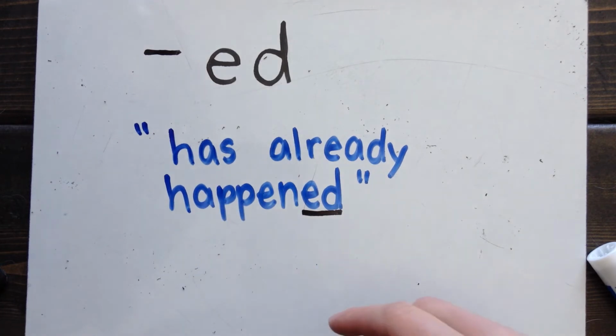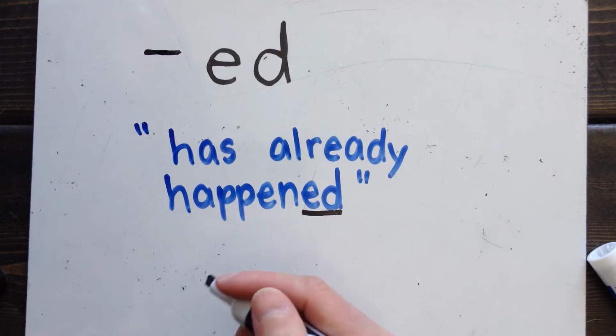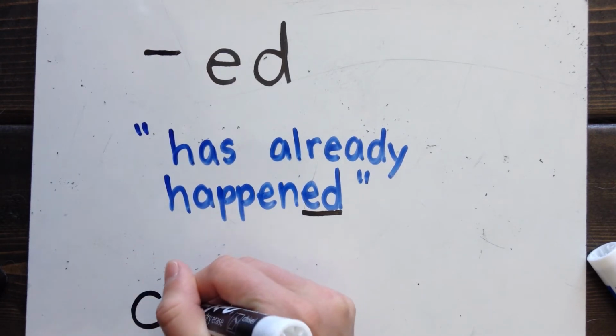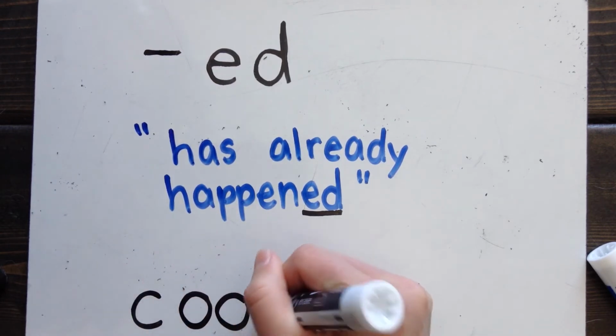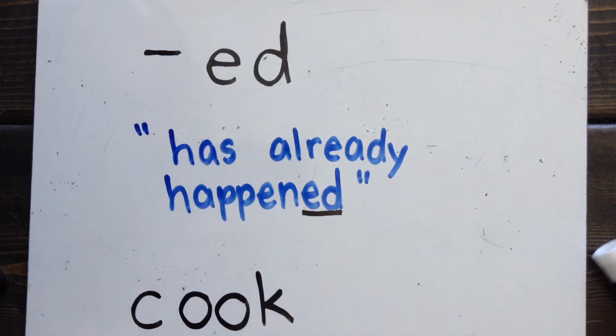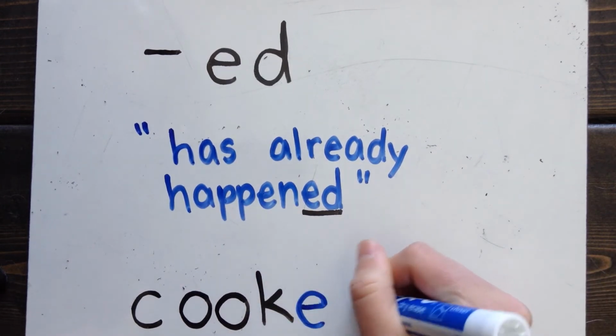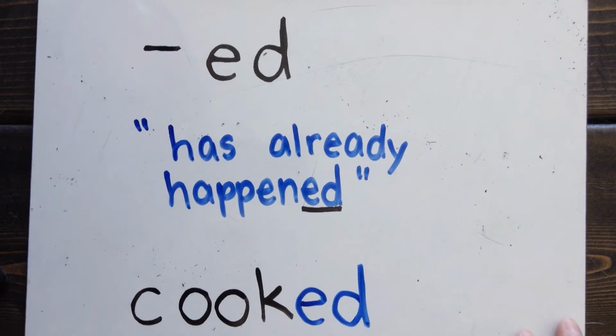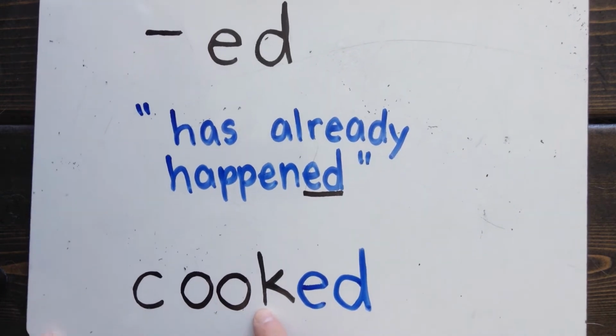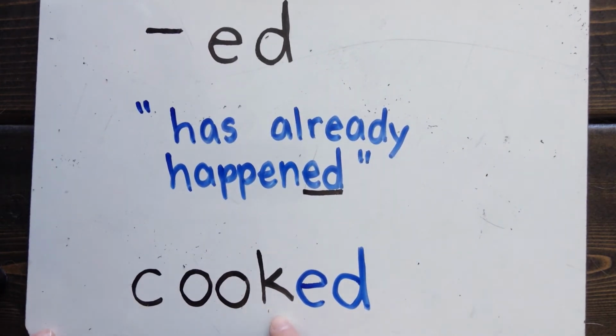Now let's look at another example. That was just purely coincidental. The example will be cooked. The root word is cook. That carries most of the meaning. And when you add the ed suffix on the end, it changes the meaning just slightly.